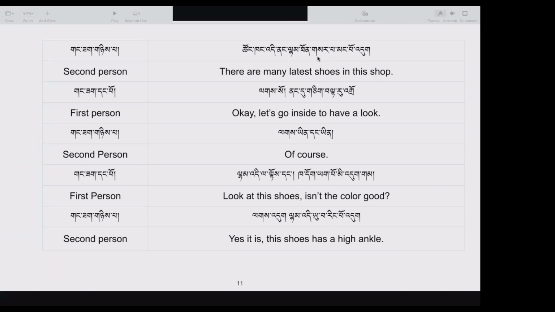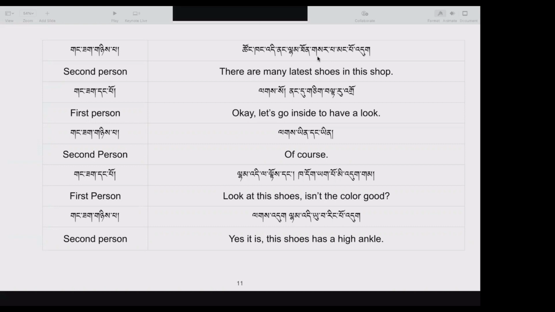Similarly, tön saba is not a single word here, but a phrase which has tön and saba. Tön means something that is released. Sarpa means new, so newly released or latest. So this is the descriptive word. Here, tön saba mangbo, which means many latest.